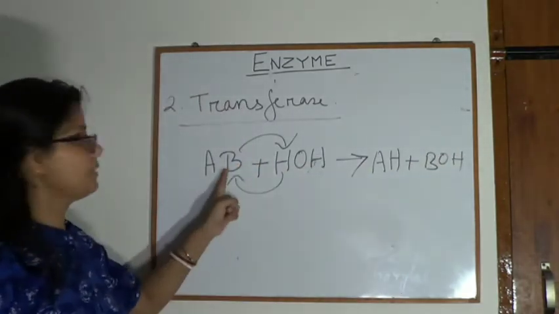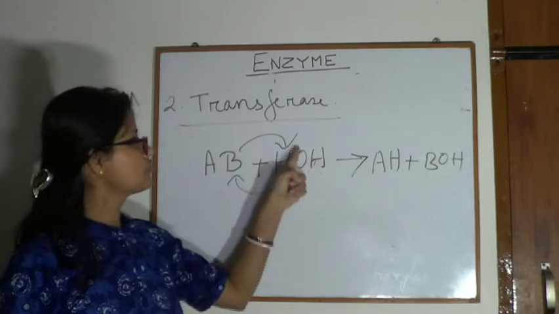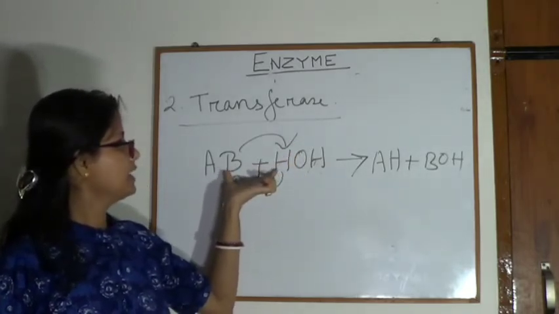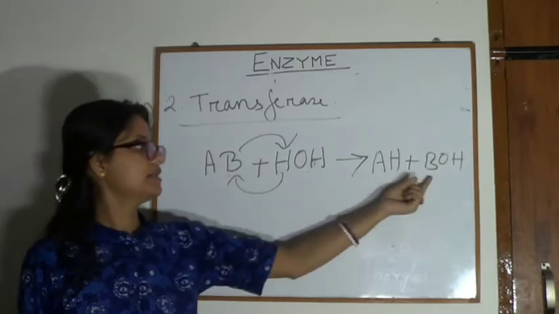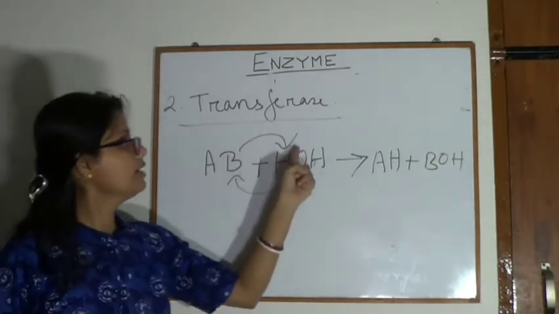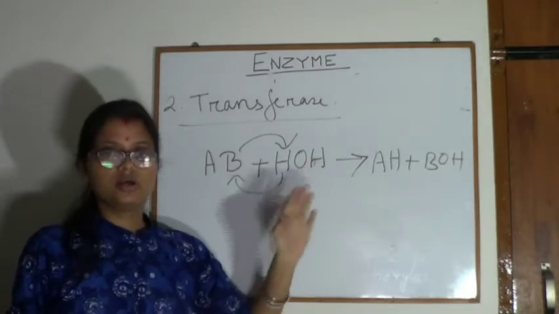AB was the substrate, B and H are replaced, giving AH and BOH. That means it transferred the group from the substrate molecule.